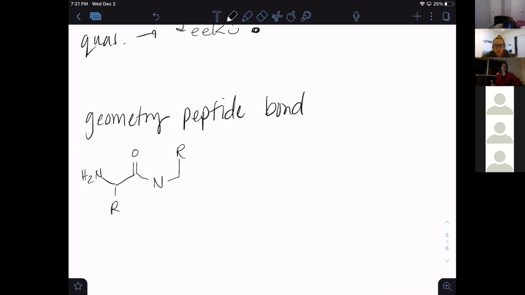And then what goes here? Carbon, double bonded O, O minus. So if we're talking about just here, is that tetrahedral? No. So what is it?